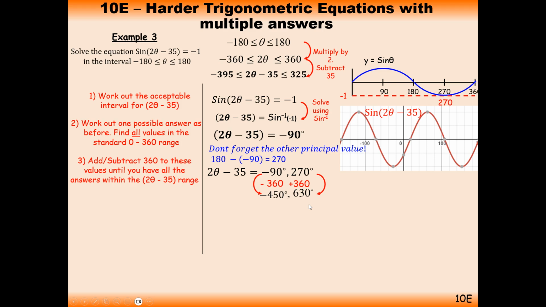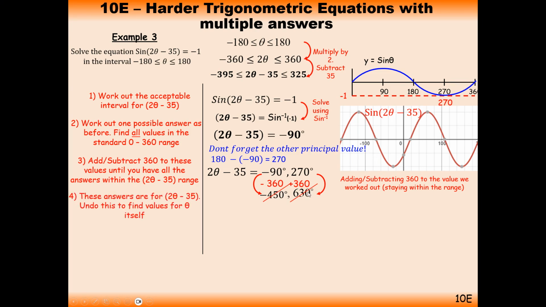So that number 630 is beyond the range that we want, but we can take away 360.